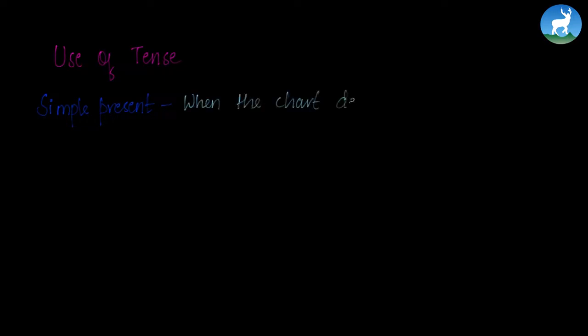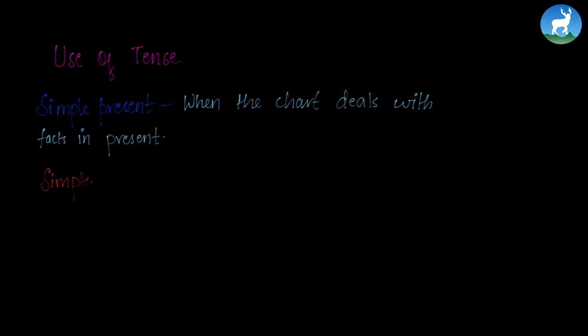So use of tense. If the chart deals with the facts in present, use simple present. So when do we use simple present? It's when the chart deals with facts in present. Use simple past when the facts are about past. It's simple, right?